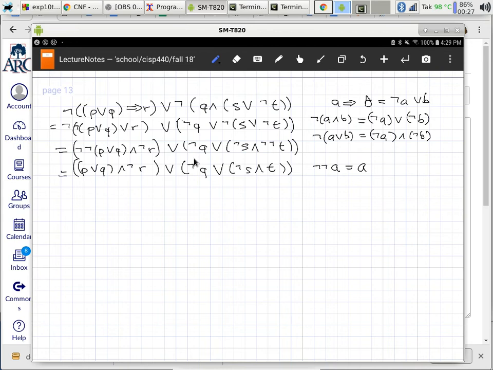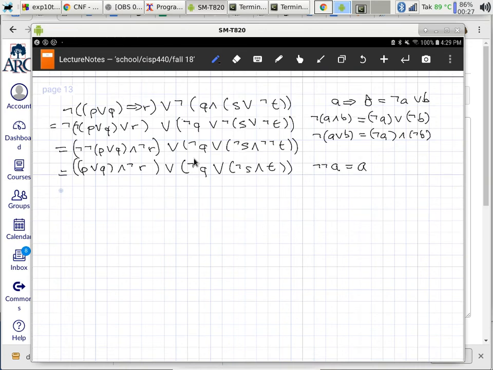You can dissolve this parentheses if you want to, but we are not going to do that. Instead, we're going to distribute the Q or over the not S and not T. There are other ways to do this too, but this is the way that I choose to do it. So we're going to use distribution this time.